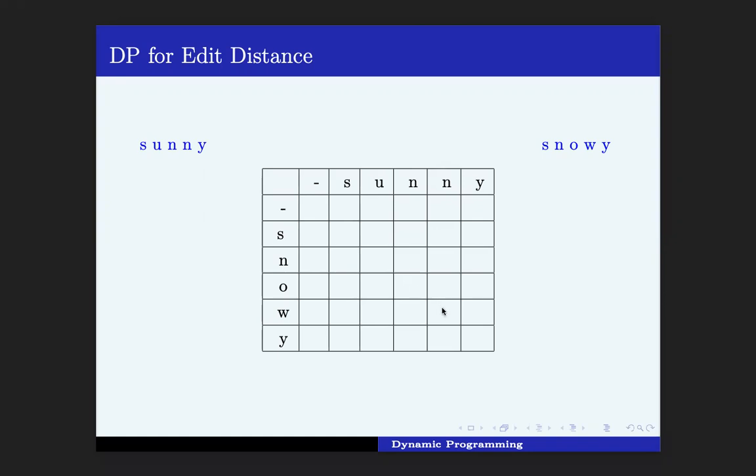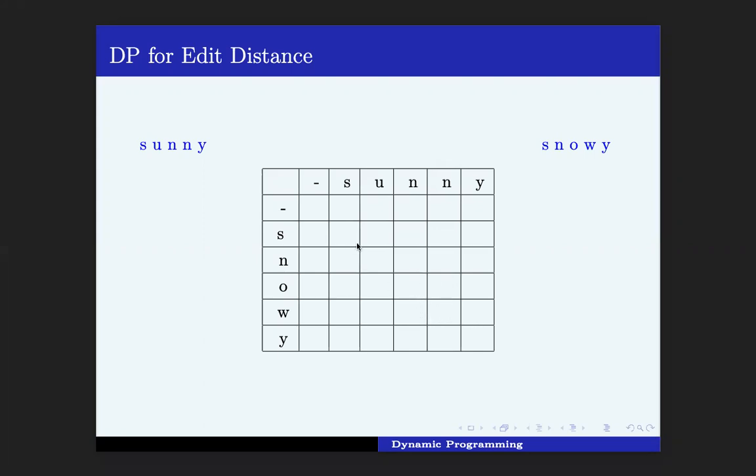If they're not the same, then it is (i-1, j), the left corner, or (i, j-1), the top corner. So it depends upon these three.